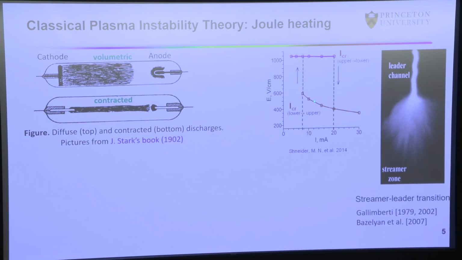If you reduce the current, you go back to the uniform discharge. I looked at this diagram, and it is similar to combustion. You see auto-ignition, flames, extinction, and coming back to auto-ignition. Or a cool flame becomes a hot flame, comes back, becomes a cool flame. It's the same thing. And the question is, what is the mechanism?